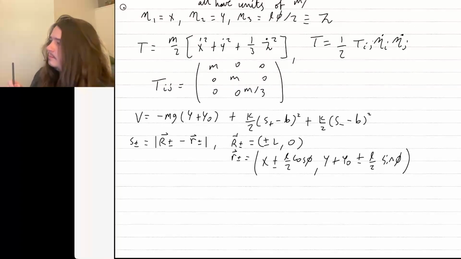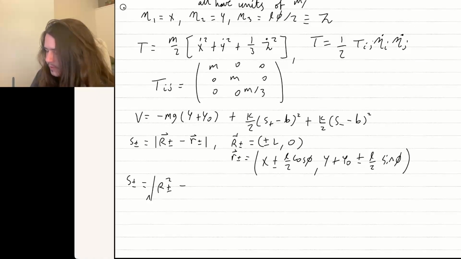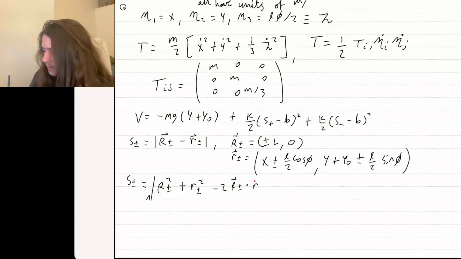Right? So that means we have to find that s plus minus is the difference between those two vectors, and then take the magnitude of that. So it's the square root of big R plus minus squared plus little r plus minus squared minus 2 big R plus minus dot little r plus minus.